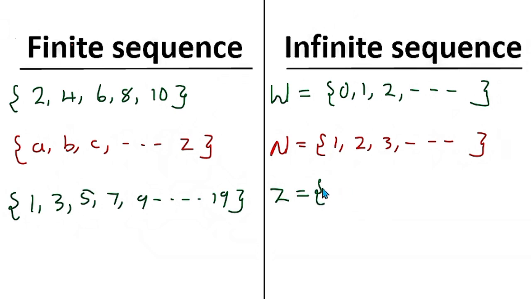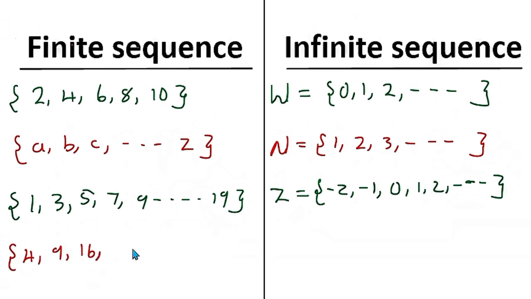So this will be -2, -1, 0, 1, 2, and it goes on. Lastly, let's think of the set of the first 10 perfect squares. So we have here 4, 9, 16, 25, and it goes on to 69.